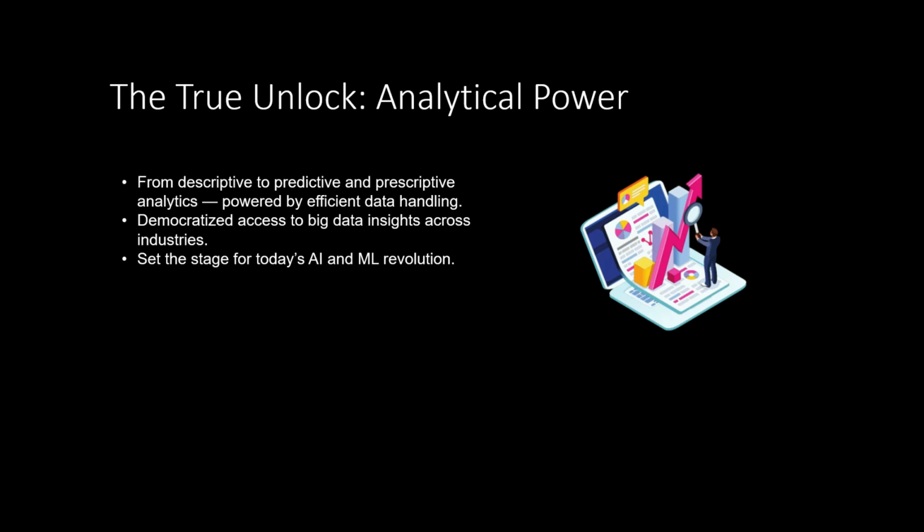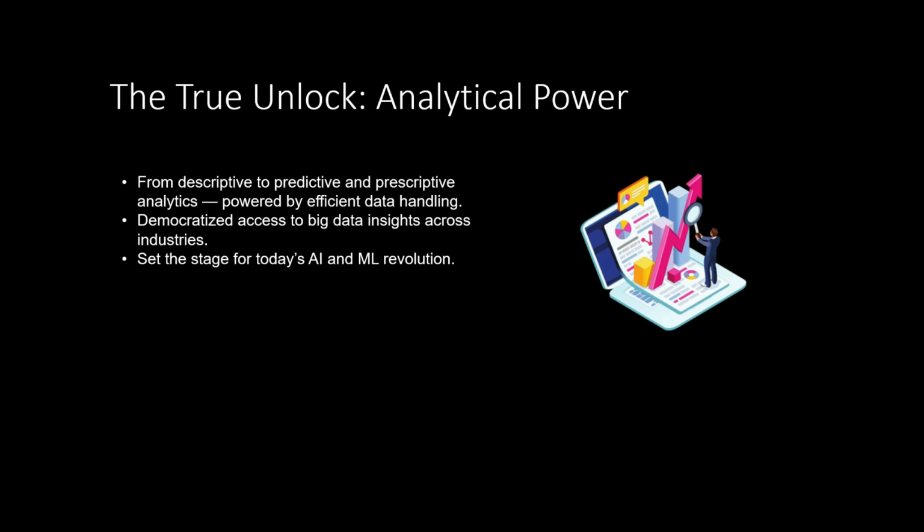Now, one more factor that we have to know is earlier we were doing descriptive kind of analytics. Descriptive means we can just tell what happened. We gather data, we analyze, and we give a descriptive analysis saying that this is what happened looking at the data. But the analytics world also changed and evolved. There was a need to do predictive analytics, which means looking at the data that I have, I need to predict what will happen.